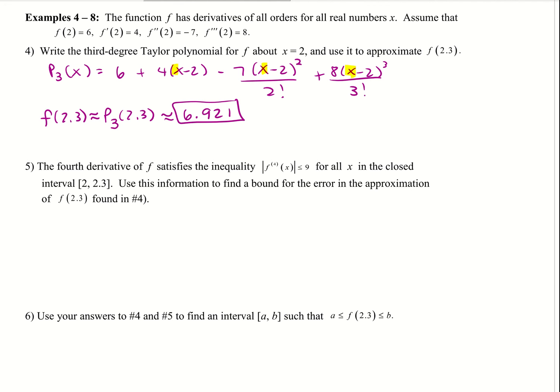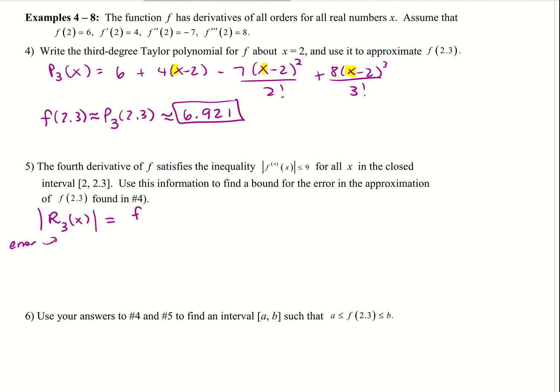So in order to do this, I'm going to look at the remainder after my third degree approximation. Now I'm going to take the absolute value of that, because we could have some terms that are positive and negative, and I always want error to be positive. So remember, another way to talk about my error is to look at the remainder. The remainder will look at the next term. Since I did up to the third degree, I'm going to look at the fourth degree term for my Taylor polynomial.